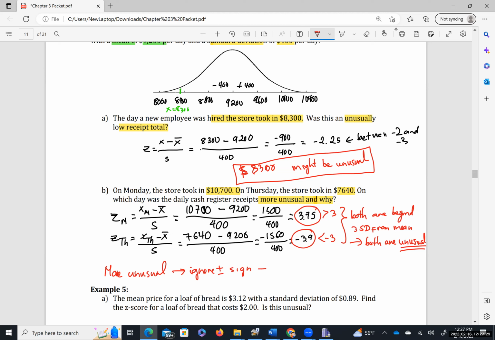So you can see that 3.9 is greater than 3.75. So you are going to say Thursday has more unusual. That's it.